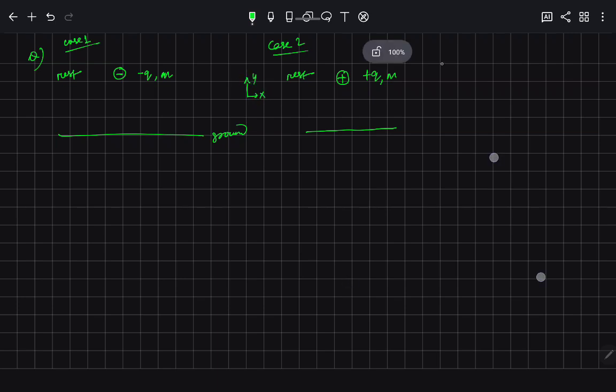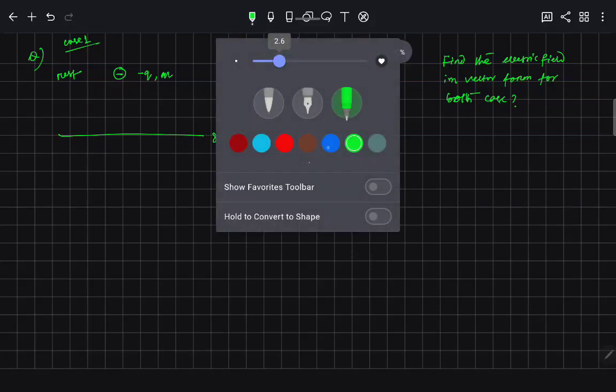The question is: find the electric field in vector form for both cases. So how will we find it? Let's go for the first case.